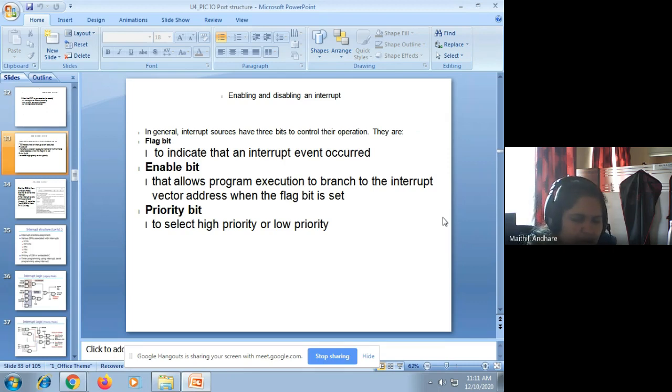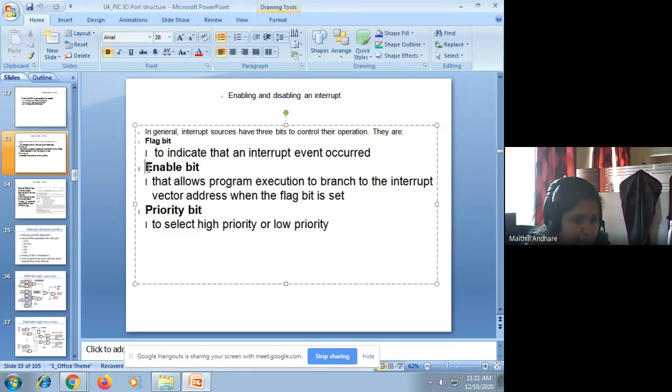Then the most important thing is, in 8051 microcontroller, only the interrupt flag bit is available. Here the flag bit is available, the enable bit is available with each and every interrupt, and the priority bit is available. Means for a single interrupt, 3 bits are associated with each and every interrupt, so the number of bits becomes more. Flag bit is just to indicate that the interrupt event occurred. Enable means first of all you have to enable that interrupt before using it.